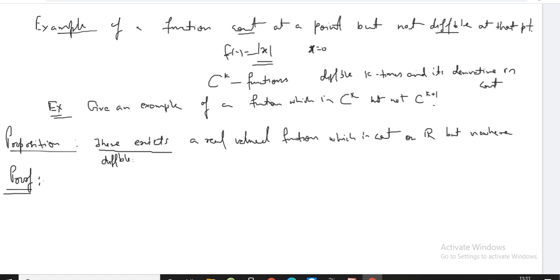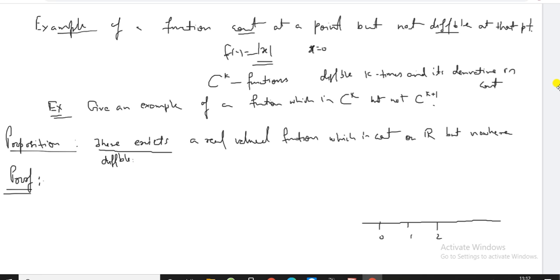For construction, let us consider a function f which is periodic of period 2. Maybe here is your 0, here is 1, and here is 2. If you construct the graph of the function on this interval 0 to 2, you can just repeat this graph on the whole real line.